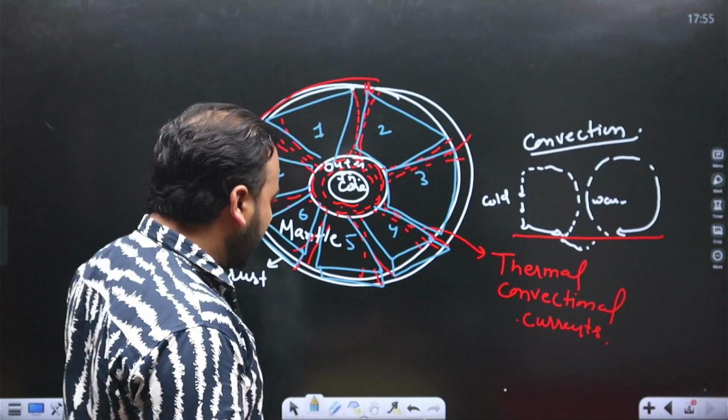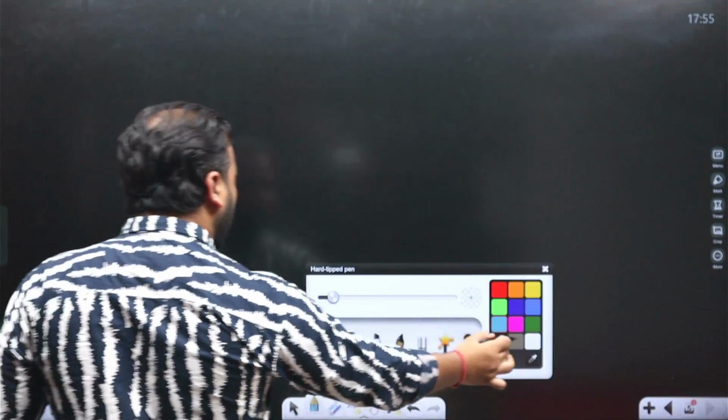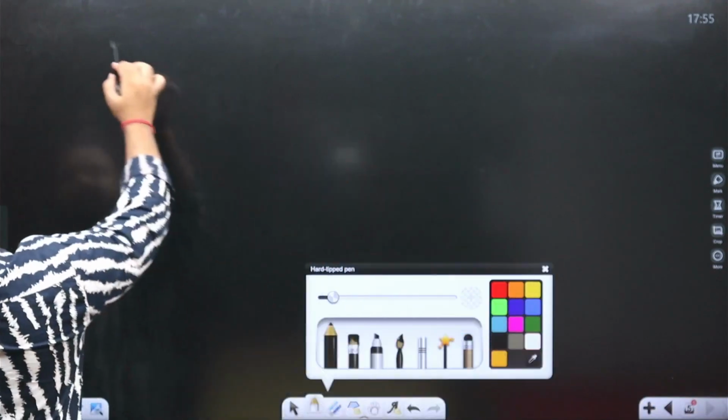How can we see? If we want to draw these plates, they are like this.